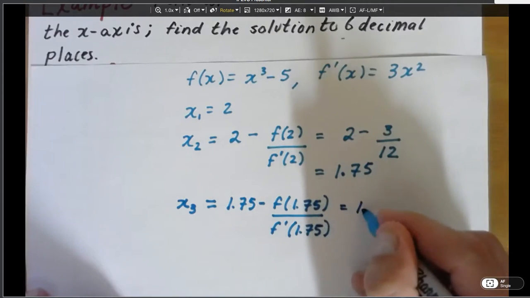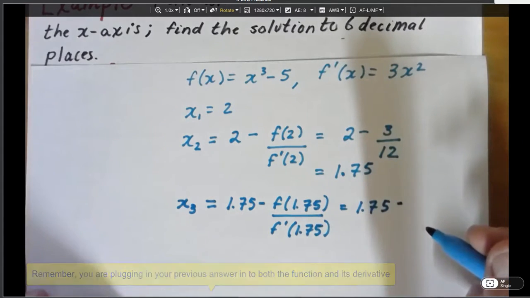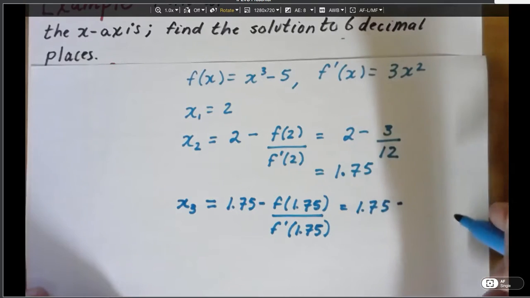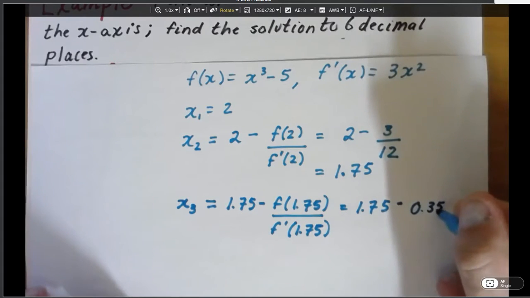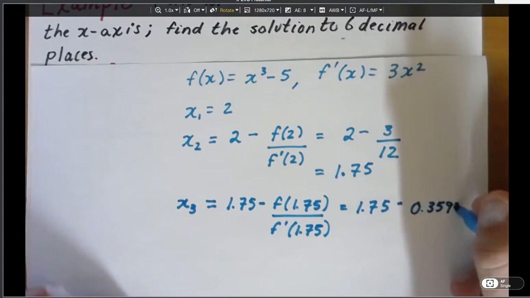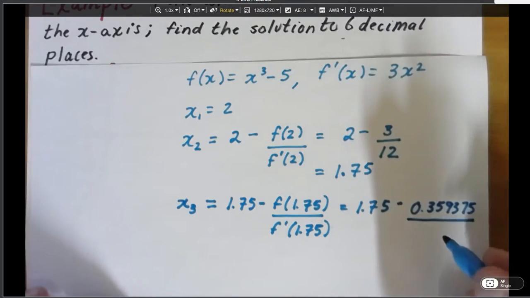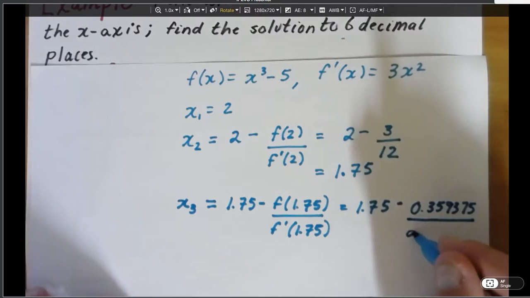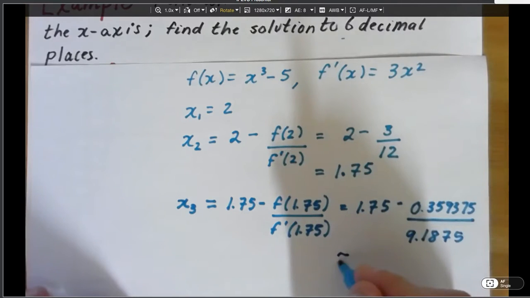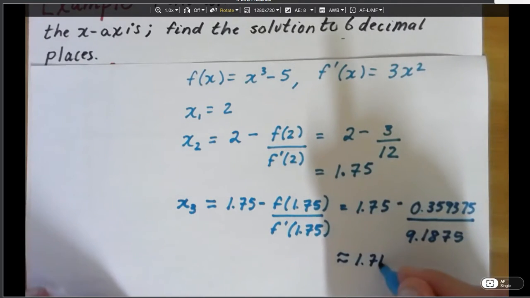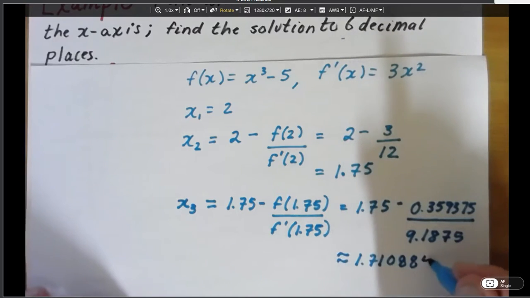That's 1.75 minus 0.359375 divided by 9.1875, and when I get that approximation, I'm at 1.710884 approximately.